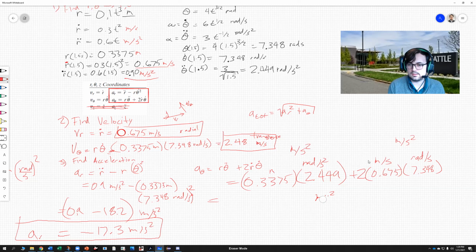And let's erase this. We'll define a little line here. So plugging that in, 0.3375 times 2.449. This gives me a positive value of 0.8265 plus 2 times 0.675 times 7.348. That's going to be 9.920.